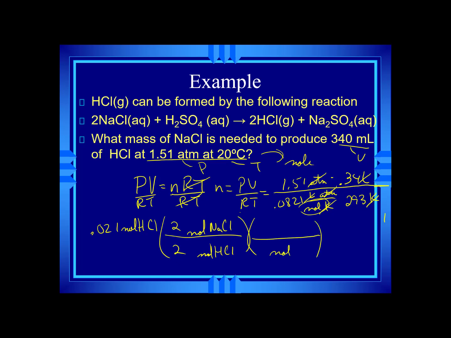Get rid of moles of NaCl and change it to grams of NaCl. And 1 mole is 58.44 grams. So I just got that answer in my calculator. I don't have to push the 2, so I'm just going to times 58.44, and I get 1.2 grams of NaCl.